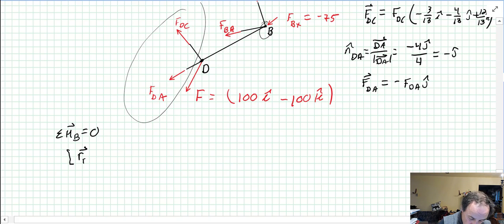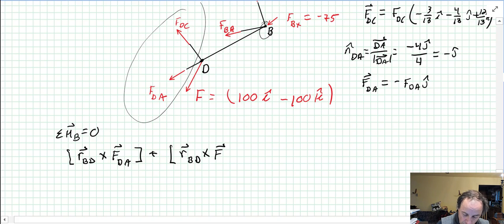Position vector for BD. We're going to use position vector BD. Remember, anything that goes from the point about which you're taking the moment to the line of force will work. The cross product will work it out. R BD crossed with F DA, plus R BD crossed with the applied force F, plus R BD.